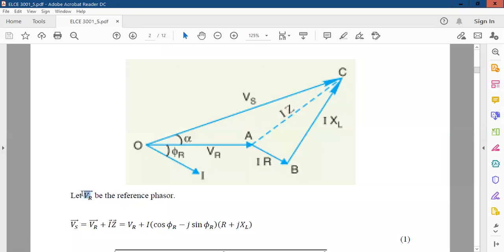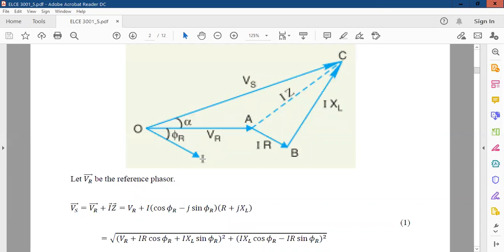So if the receiving end voltage VR is the reference, then there is an angle between sending end voltage and receiving end voltage. We call it alpha here.